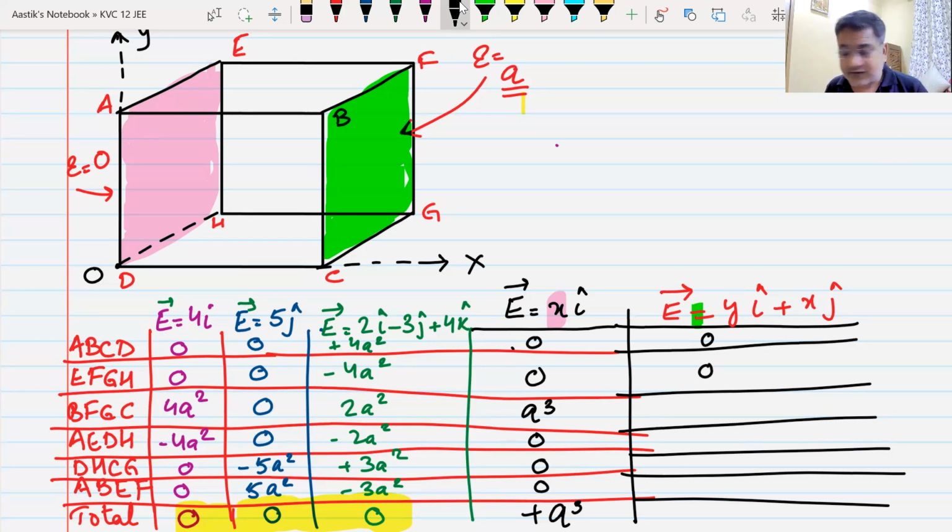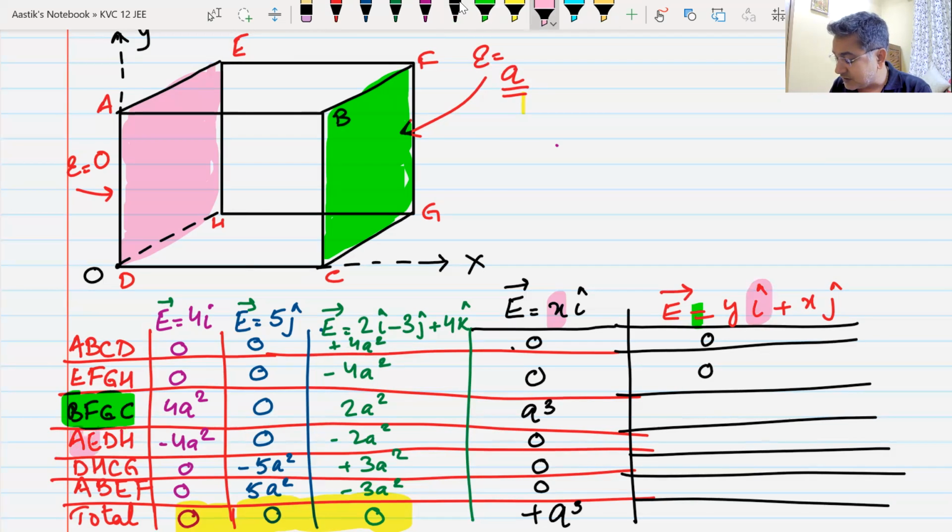Now, how do I solve this? For this i field, it will only come with the surfaces which are along the x-axis. And what are those surfaces? Our friendly neighbor green surface and our friendly neighbor pink surface.